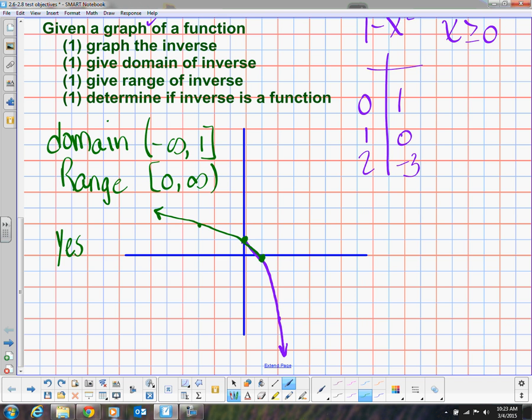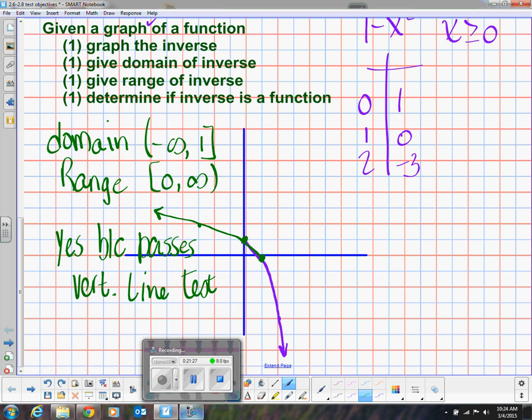Yes. The green is a function because we see it and it passes vertical line test. Now, if I had not had you graph it, what would you have said? Yes, because it passed the horizontal line test, because the horizontal line is done to the original. All right, any other questions? All right.